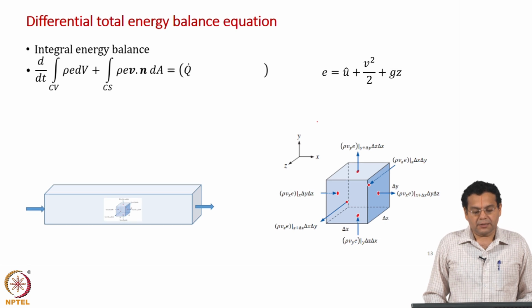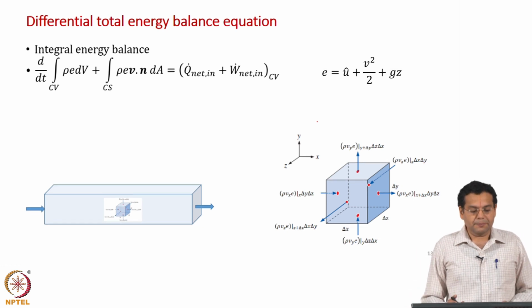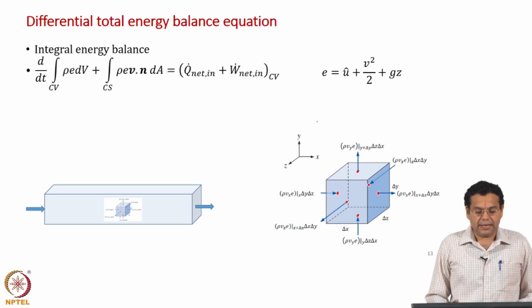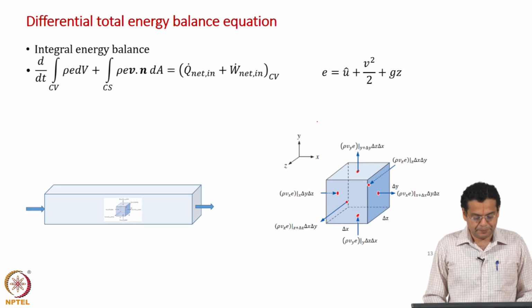The first term tells about the time rate of change of total energy. Next term tells about the net rate at which energy leaves through the control surface, and the terms on the right hand side tell about net rate of heat addition, net rate of work done.